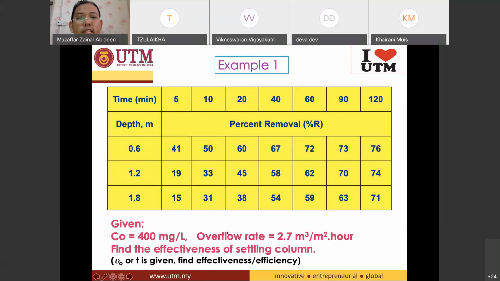The overflow rate is 2 per meter square per hour. Then we were expected to find the effectiveness of the settling column. So they are asking you for effectiveness of settling column, so you don't have to multiply with the scale up factor, because it simply says find the effectiveness of settling column, not the sedimentation tank.